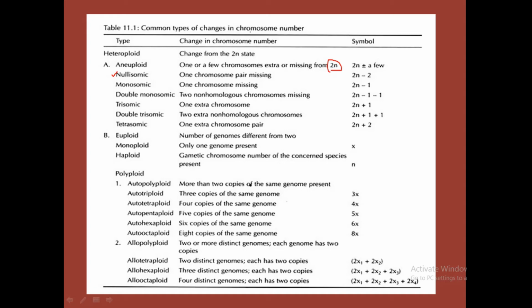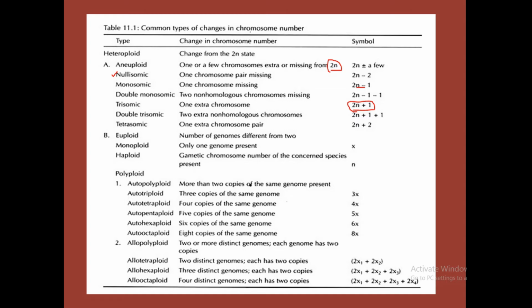If one chromosome pair is missing, that is 2n minus 2, it is allosomy. Monosomy is 2n minus 1, double monosomy 2n minus 1 minus 1, trisomy 2n plus 1, that we had seen in the previous example, and double trisomy 2n plus 1 plus 1, tetrasomic 2n plus 2.